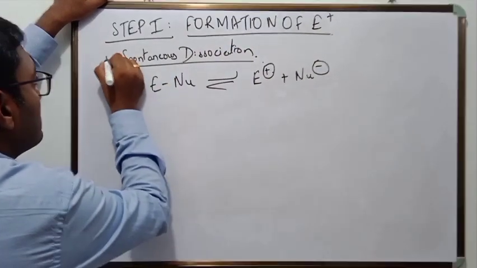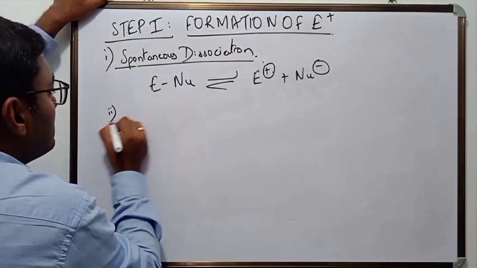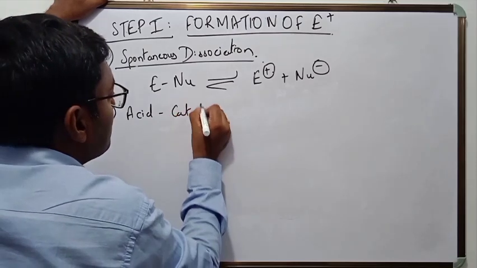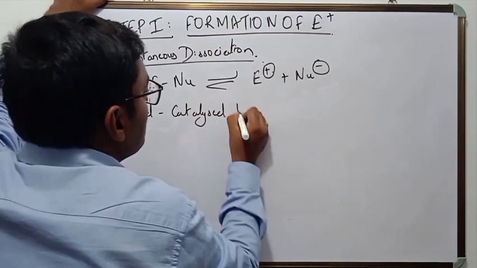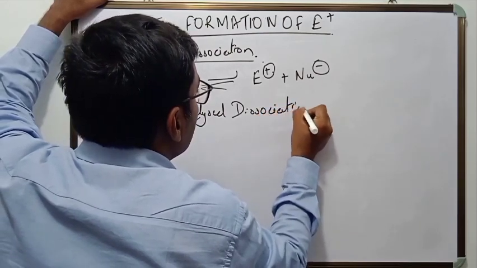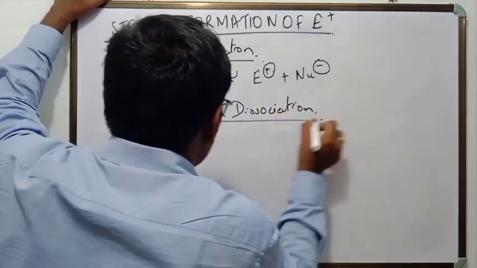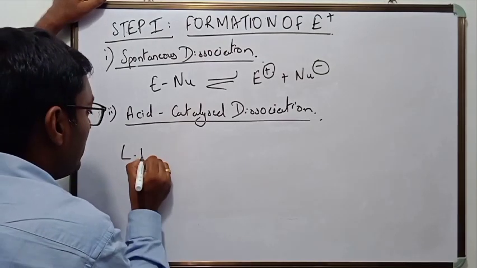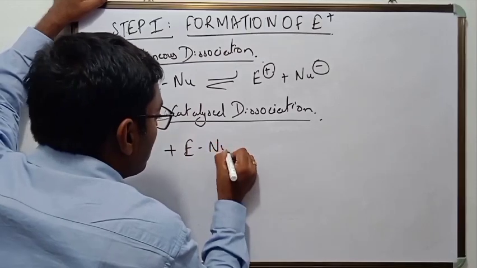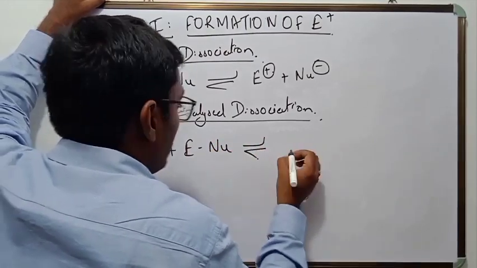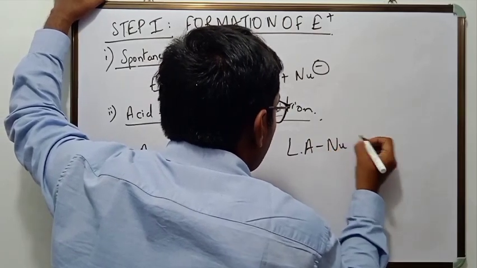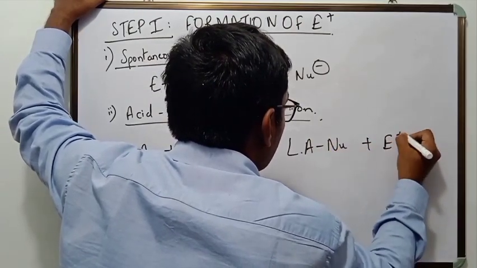In the other case, acid catalyzed dissociation, you need a Lewis acid. It can react with this reagent, and the Lewis acid can get its nucleophile and the electrophile will be formed.